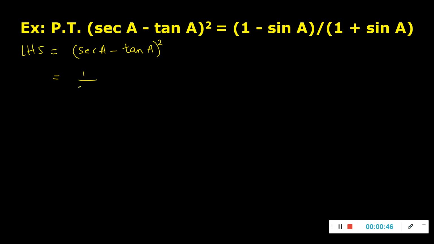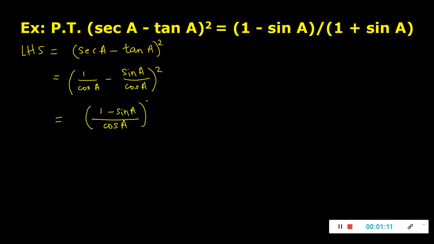So sec A can be written as 1 by cos A, minus tan A can be written as sine A divided by cos A, whole square. Now the LCM happens to be cos A and the numerator will be (1 minus sine A) this whole square.